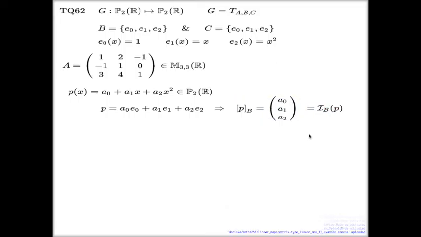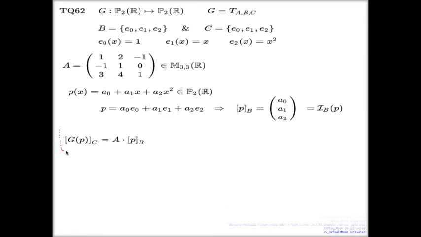And that's the result of the I_B map applied to this polynomial P. So that's the formula. This is one single condensed formula which hides these three stages from the slide before.